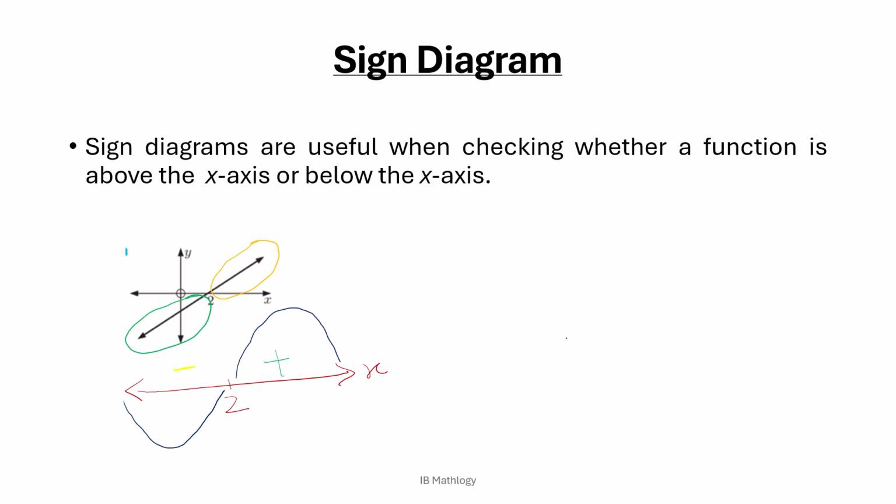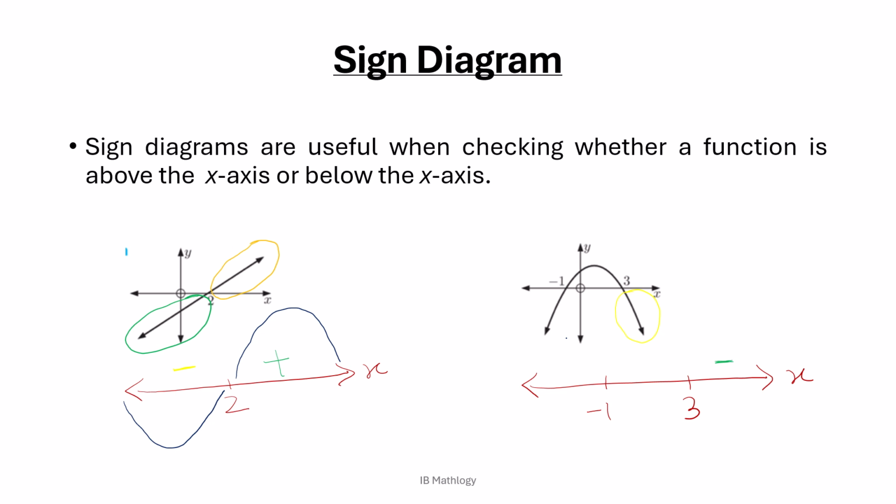Now let's take another example. In this, we will again draw the sign diagram using the same steps. We will draw the x-axis first, and mark the points -1 and 3. Now we'll observe the behavior of this curve at these points. For all the values which are greater than 3, my curve is negative, so I can write a negative sign.